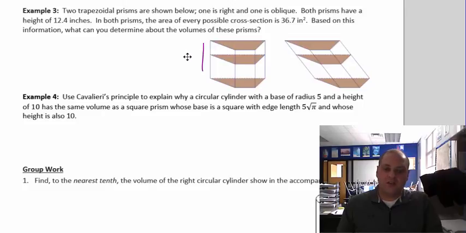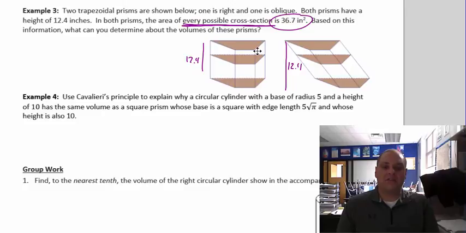In both prisms, the area of every possible cross section is 36.7 square inches. So see, this has area 36.7, this has area 36.7. All of them are 36.7, and not just the ones drawn.